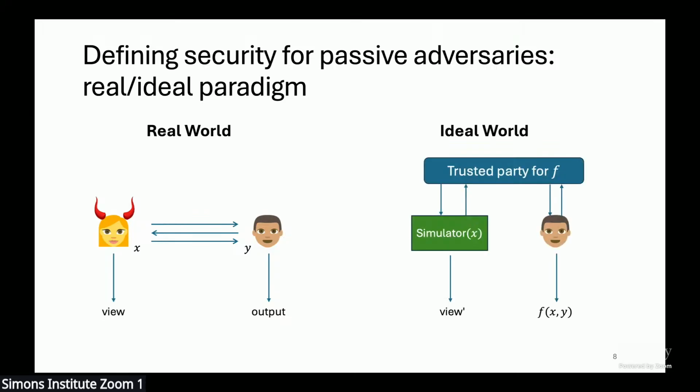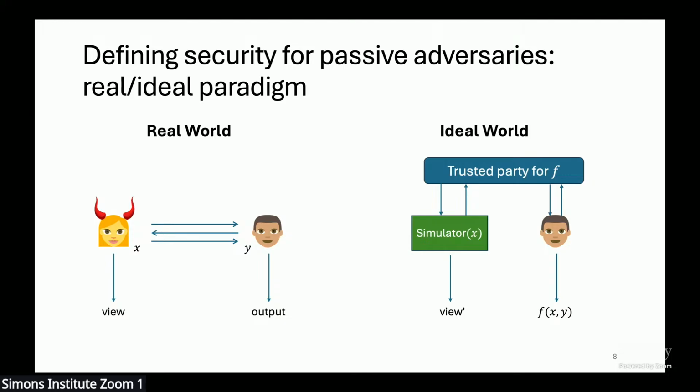And this is where this simulation-based paradigm comes in, where we say that, okay, if you give me some adversary who claims to be able to learn something about a protocol, I will give you a simulator which will output exactly the same view as this adversary, given only access to the inputs and outputs of the function that the adversary would learn if talking to a trusted third party.